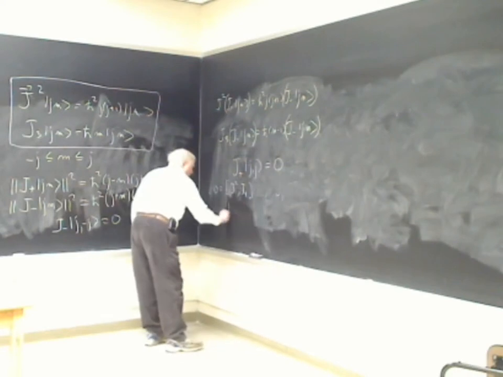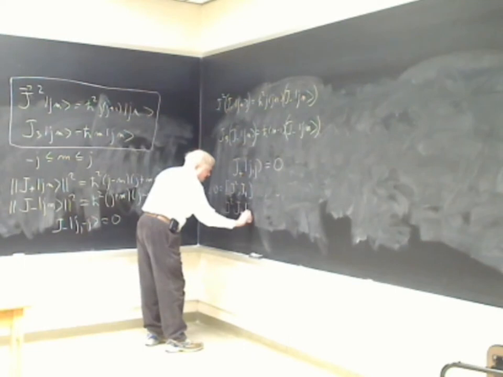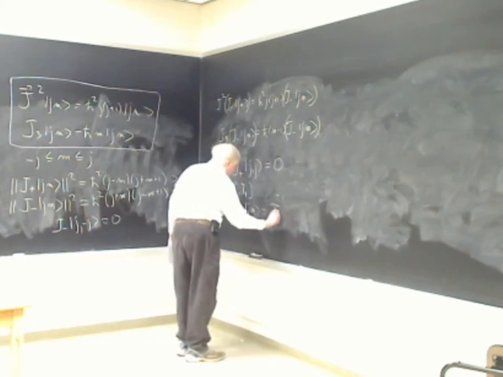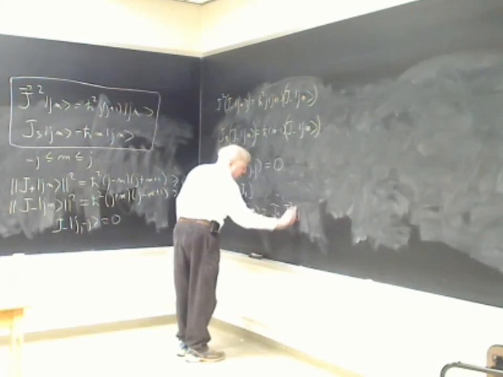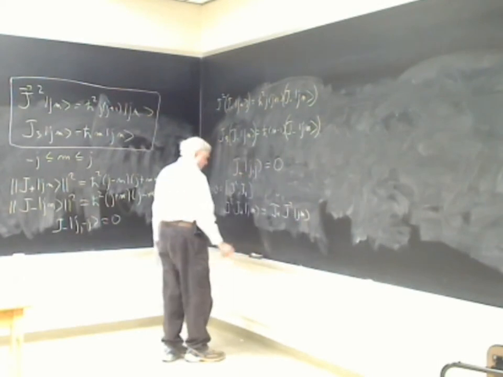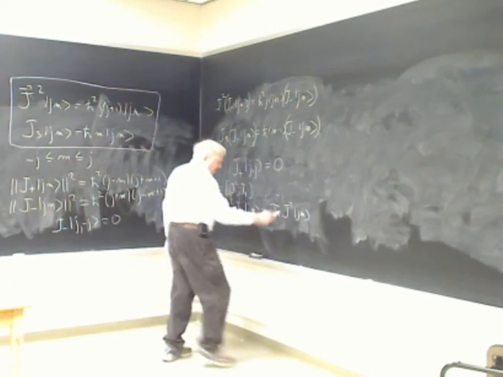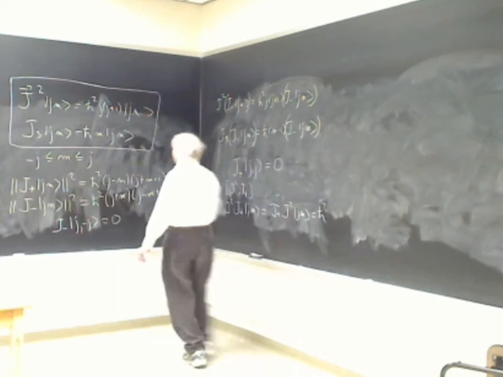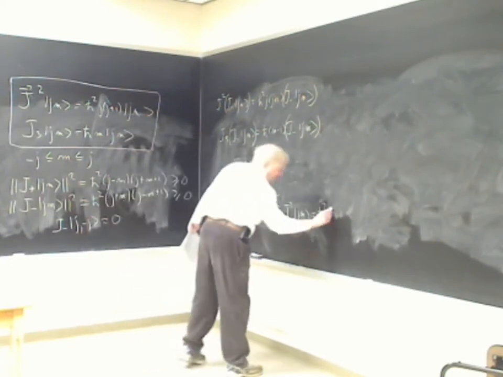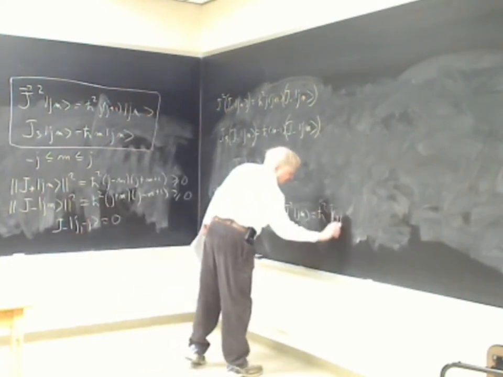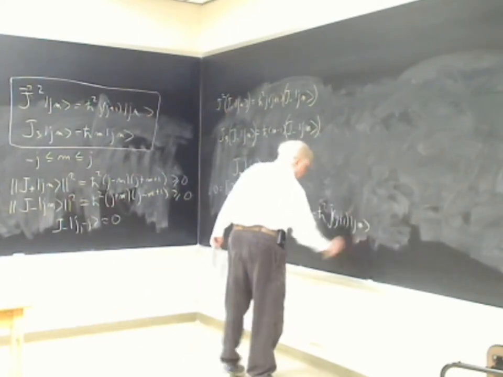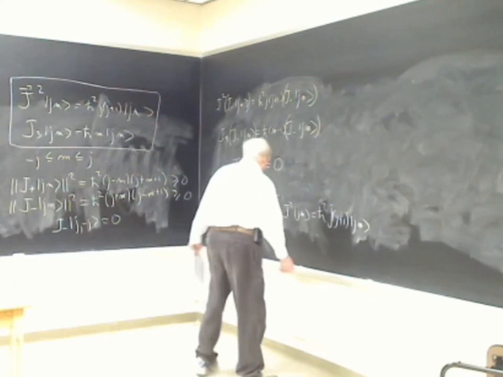So now what we can do is we can say J squared on J plus Jm, using this commutator, is equal to J plus J squared on Jm. And J squared on Jm by this equation is ħ squared j(j plus 1) on Jm.